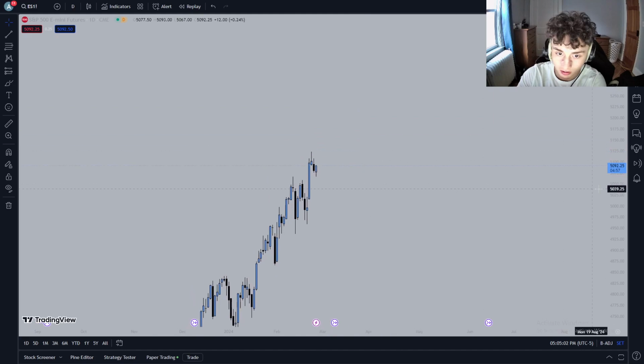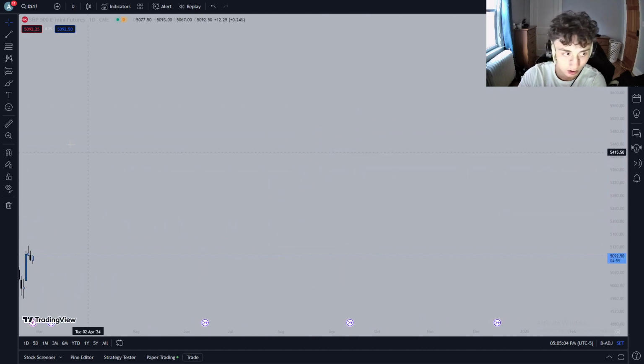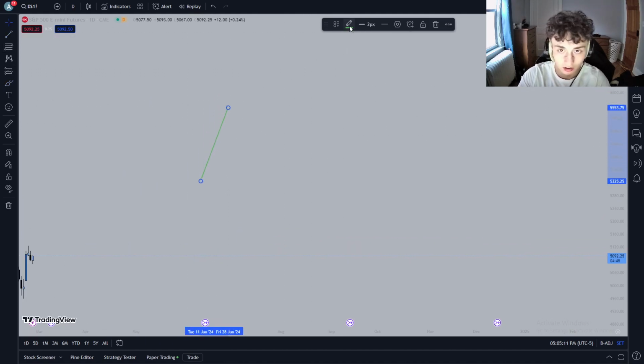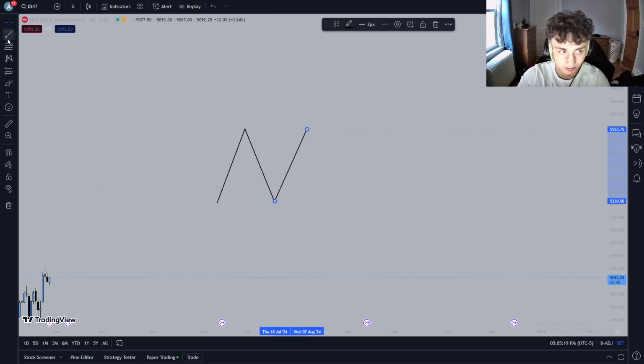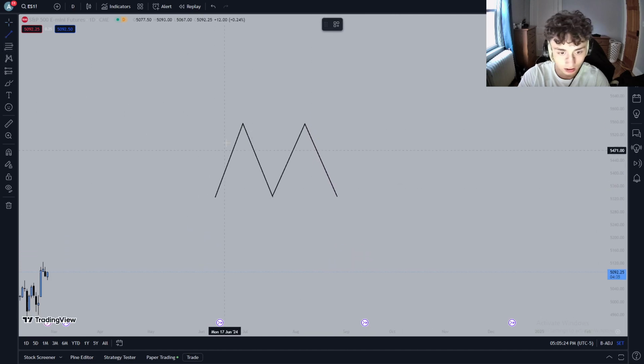Now, liquidity pretty much is, if you have, let me just draw it out, right? If you have these candles where it's like this, and this is just a random example, you've got these highs up here and you've got these lows down here.